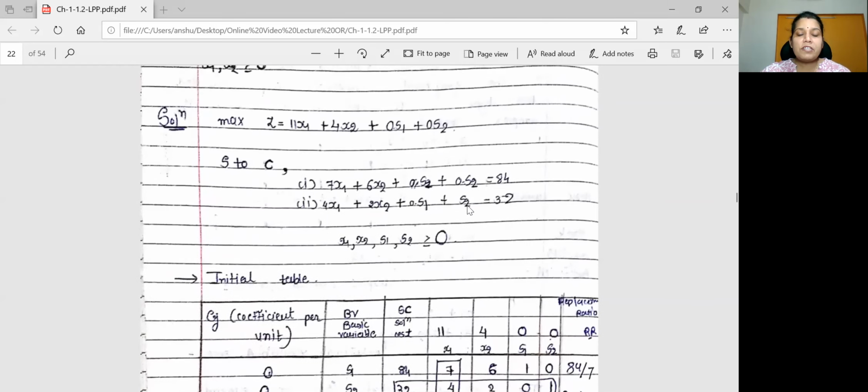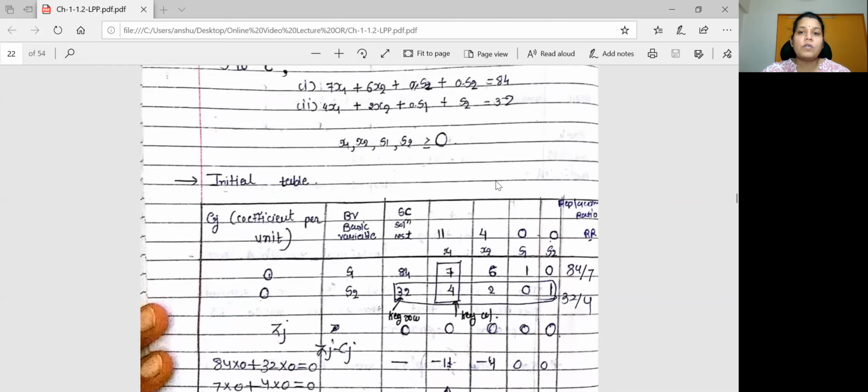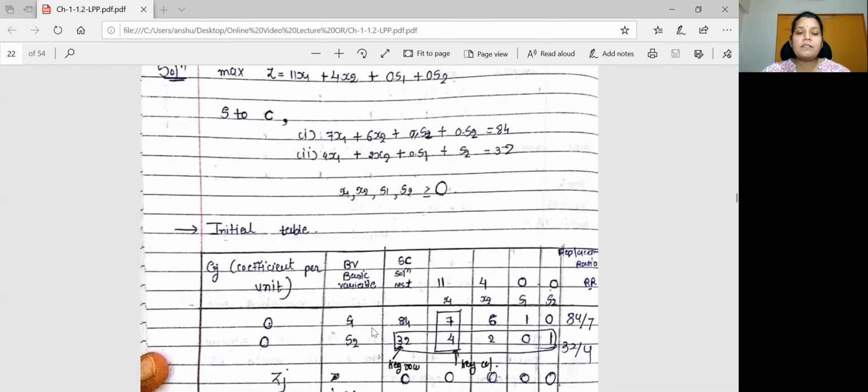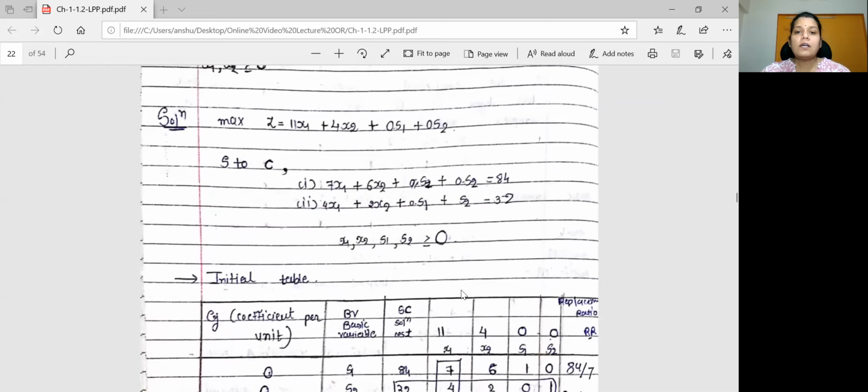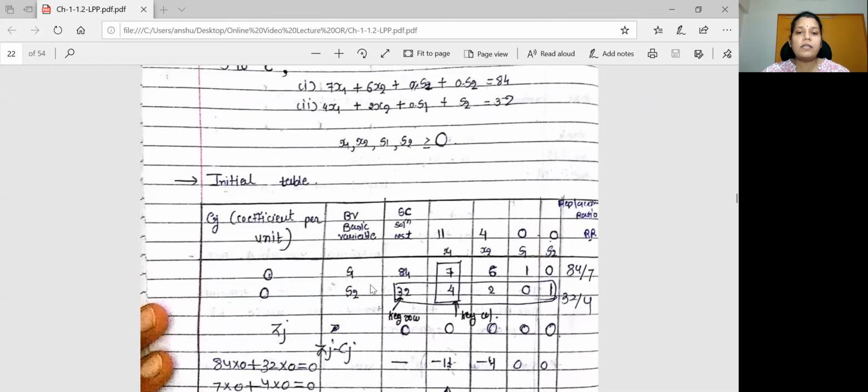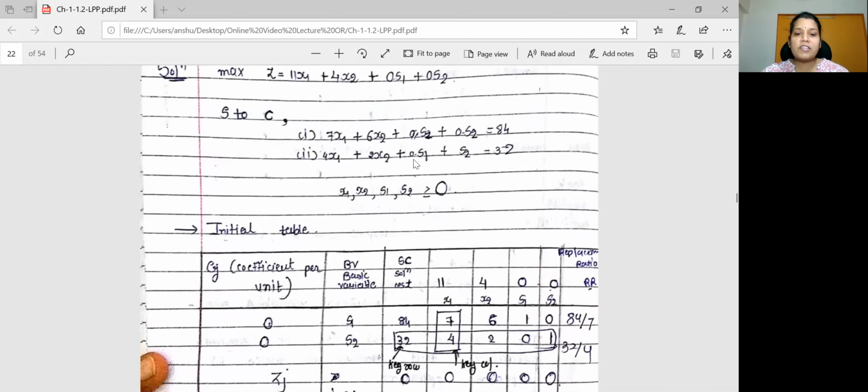If the second time we use s2, then we write s2. In case you write s2 first and s1 after that, then our constraint equation will be wrong. You have to write s1 and s2 according to the sequence here. Got it?